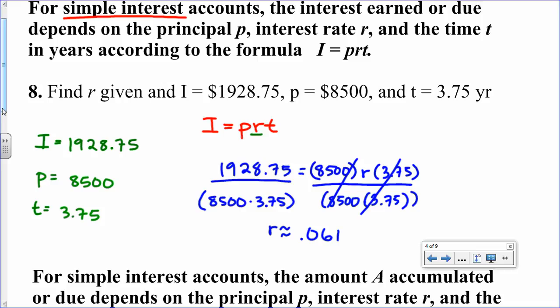Most of the time, though, when we have our rates, they're given to us in percents. So this is the decimal form. So the rate that I started with would be 6.1%. Yes? Yes, so that's what we want to, what'd you get? Was it close?